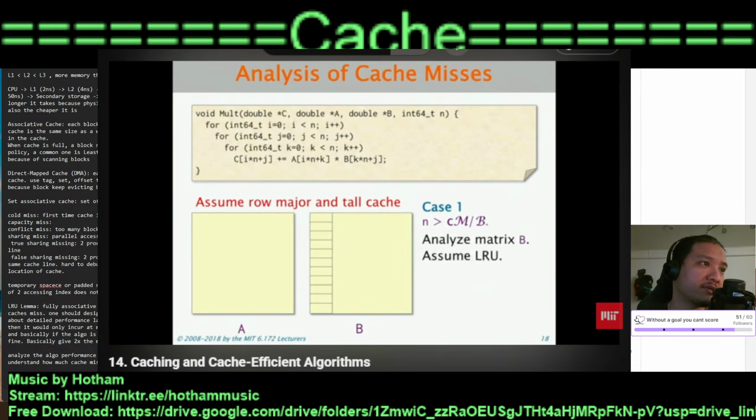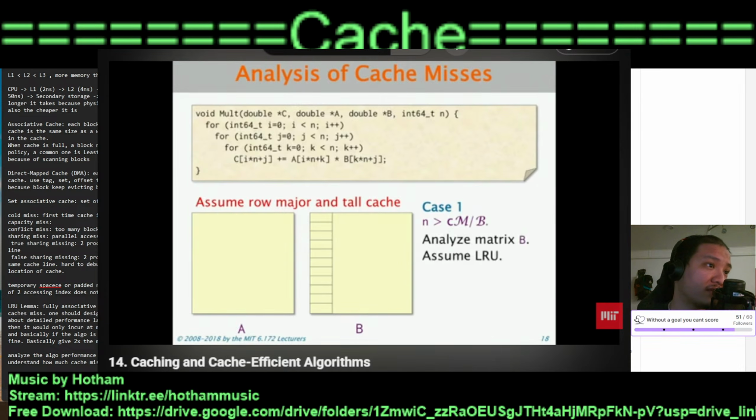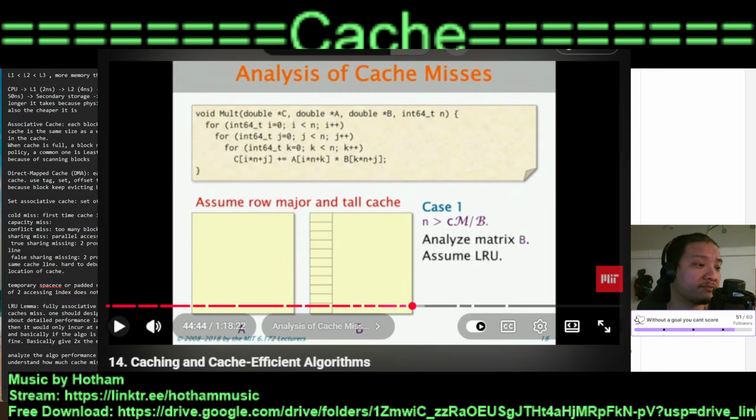Here n is the number of rows, which is greater than M over B, meaning the number of blocks in the cache.